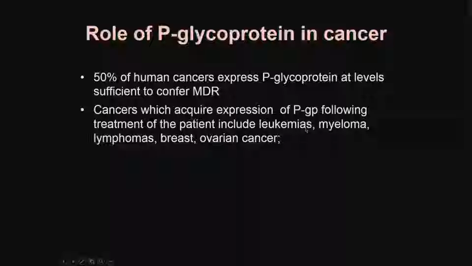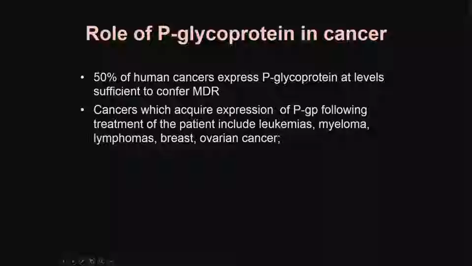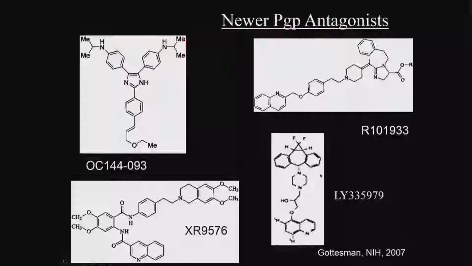That means after treatment, initially the treatment may appear to work, but as they start expressing a lot of PGBs, they become resistant to those drugs. Cancers like leukemias, myeloma, lymphomas, breast cancer, ovarian cancer and so on, it happens.